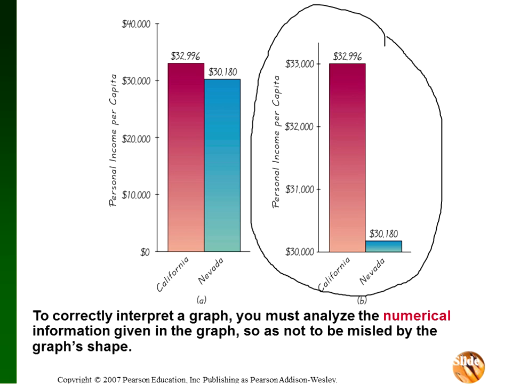So Nevada, what is this? Personal income per capita. Wow. So California is making a lot more money than in Nevada. So that's what, if I'm just looking at the graph, that shows that there's a huge difference in personal income per capita between California and Nevada.